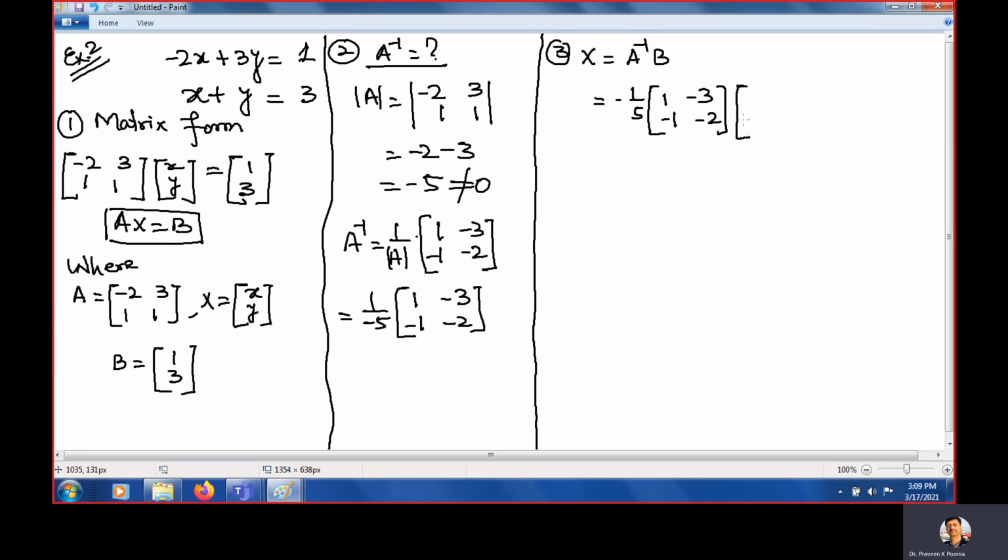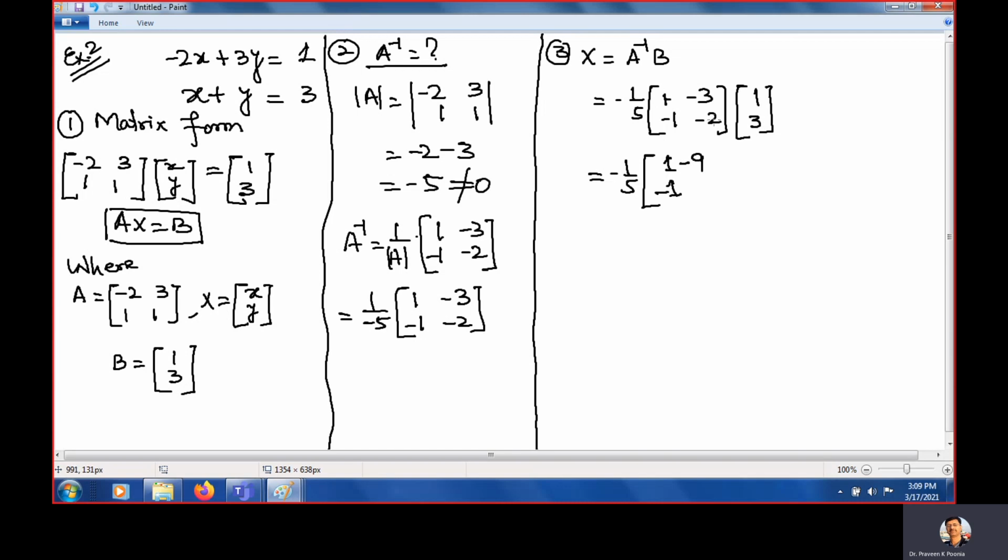Multiply by B. B is what? 1 and 3. Now multiply these two matrices. 1 into 1 is 1. Minus 3 into 3 is minus 9. Minus 9. Clear? Minus 1 into 1 is minus 1.